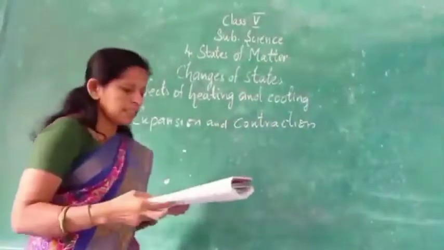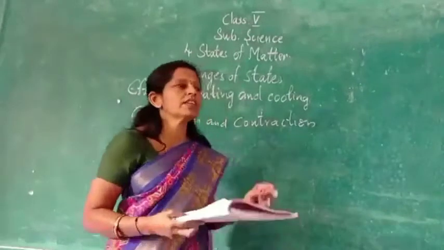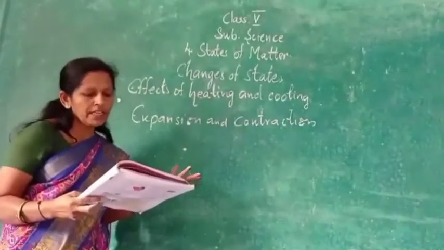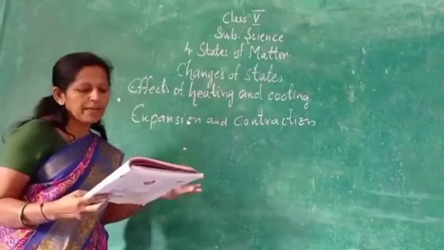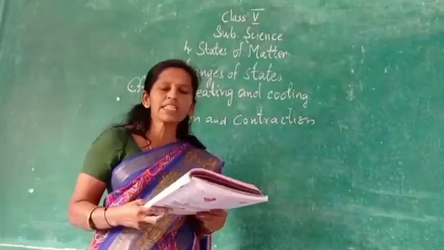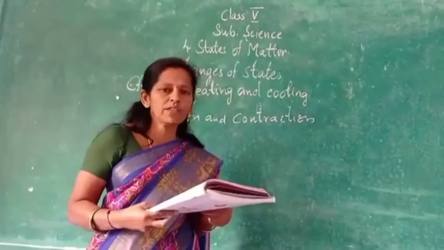Okay. See here, the molecules of a substance vibrate more on heating. What molecules are there in the water? When we heat, the molecules will vibrate. They need a little extra space for vibrating more. This increases the volume of the substance.